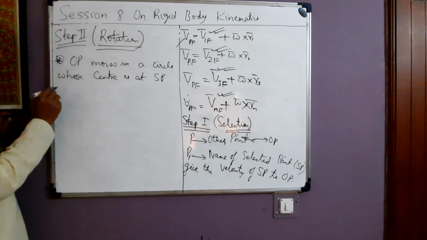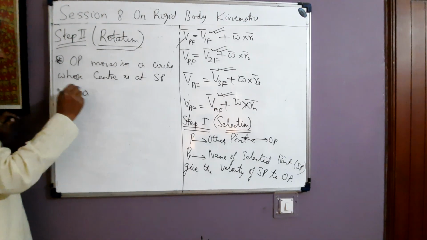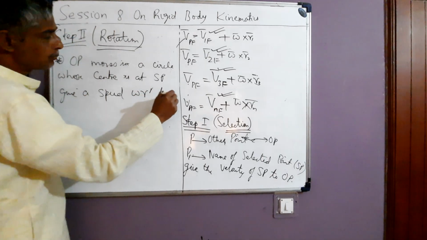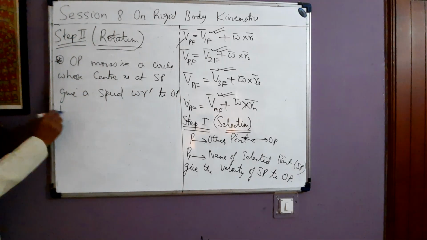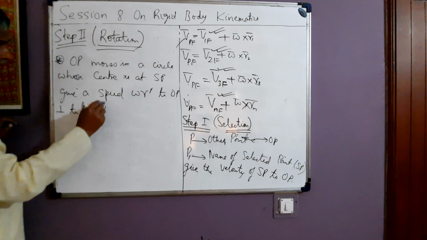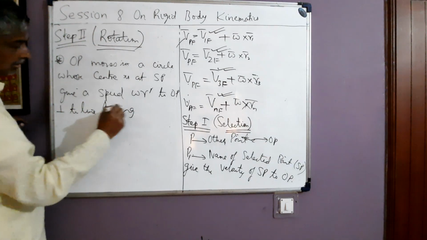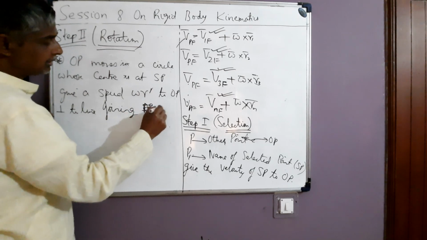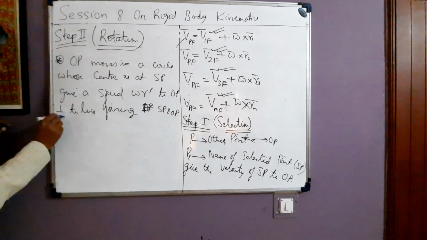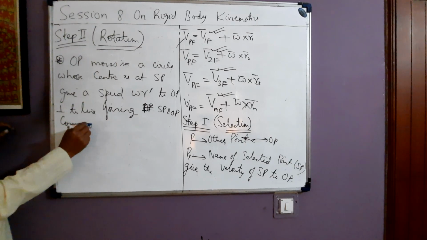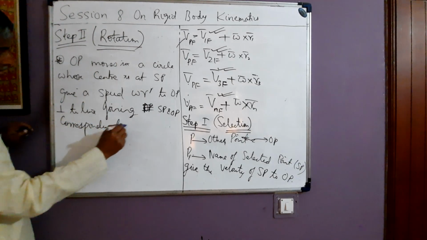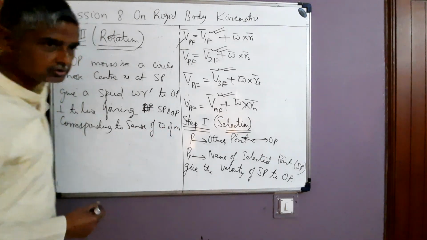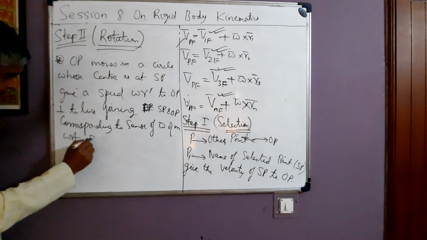And what action will we take? We give a speed omega r dash to OP, perpendicular to the line joining SP and OP, corresponding to the sense of omega of m, omega meaning angular velocity, with respect to f.